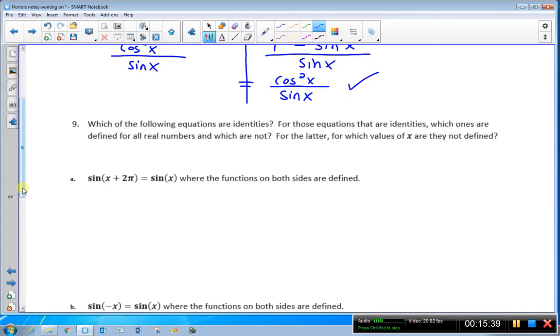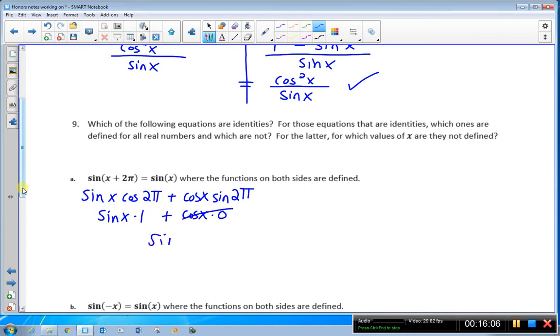So the sine of x plus 2 pi would be the sine of x, the cosine of 2 pi plus cos of x, sine of 2 pi. So the cos of 2 pi is 1, and the sine of 2 pi is 0, so that's sine x times 1, and this is just cos x times 0, so that goes.